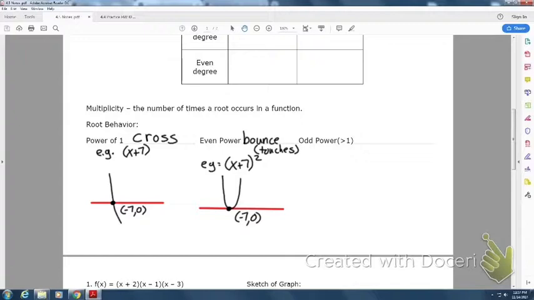Next, if you have an odd power greater than 1, we're going to call this root behavior a twist. And kind of think of how a cubic graph looks like. So an example of this, x plus 7 cubed.